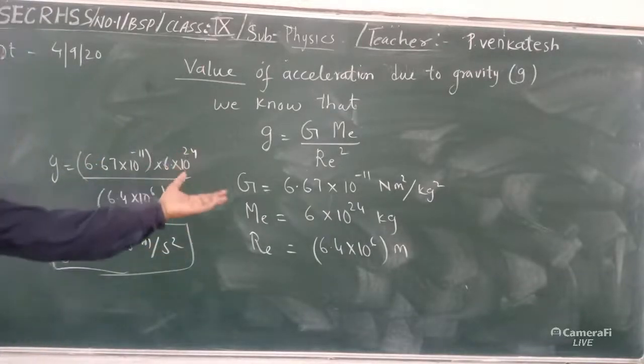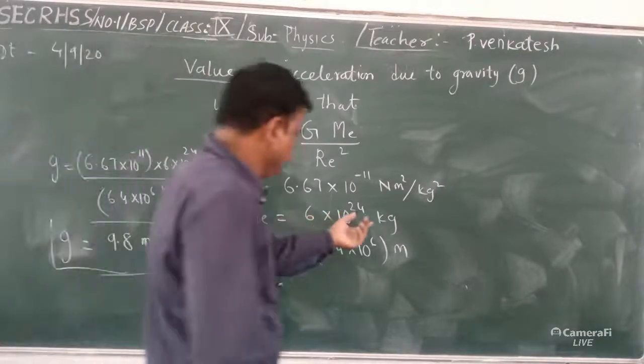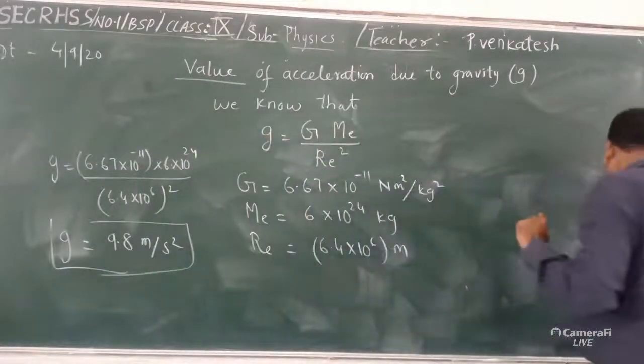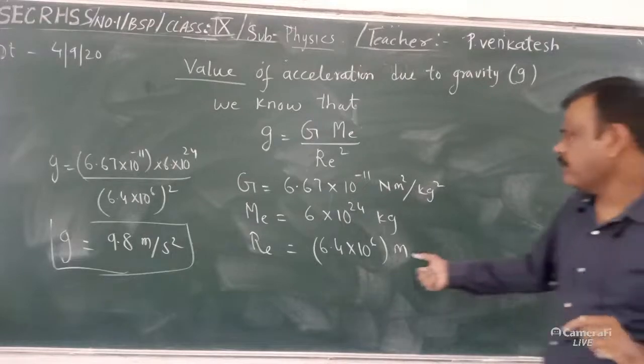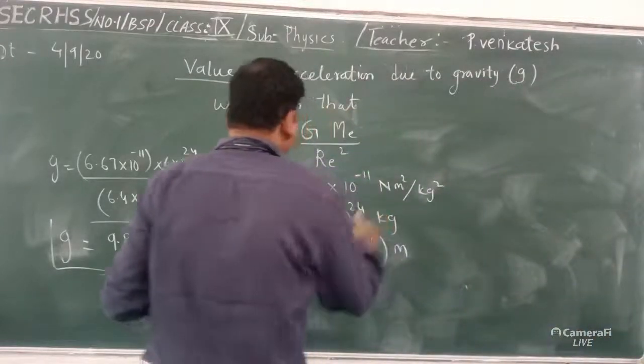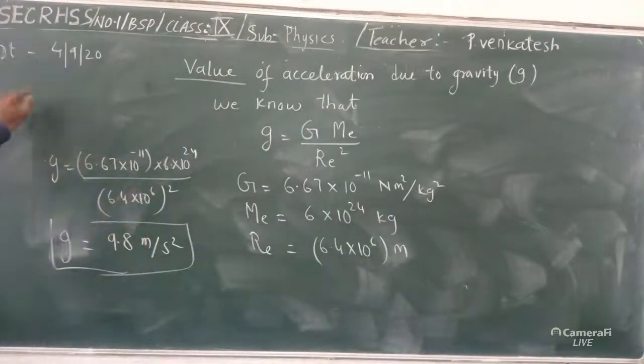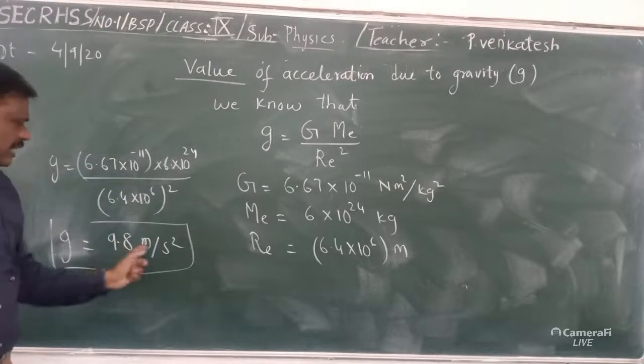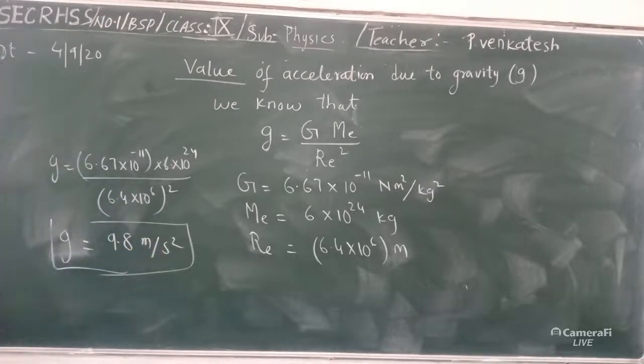You have to convert kg and Newton meter. Anyway, just remember that when you calculate all this, you get 9.8 meter per second square.